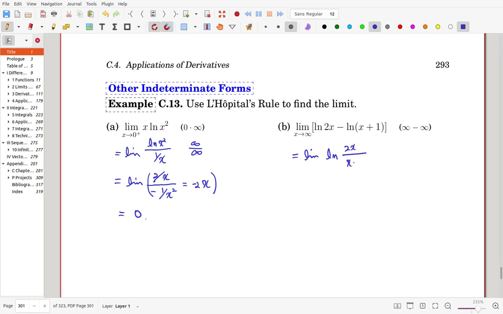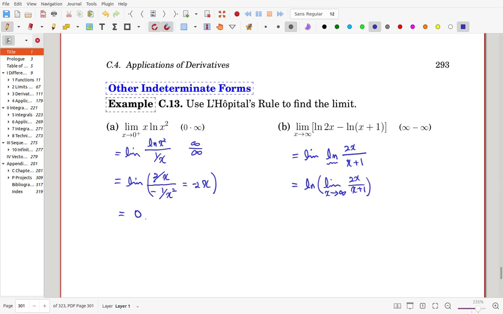Once the limit exists, since the logarithm is a continuous function, the limit and the continuous function can be applied with the order changed, so it can be written as natural logarithm of the limit as x approaches infinity of 2x over x plus 1.